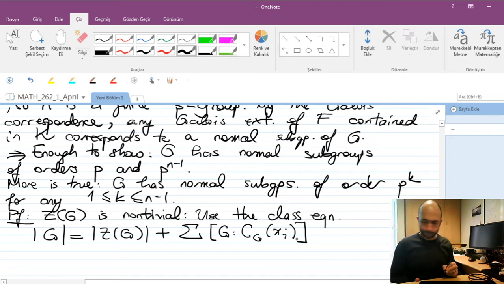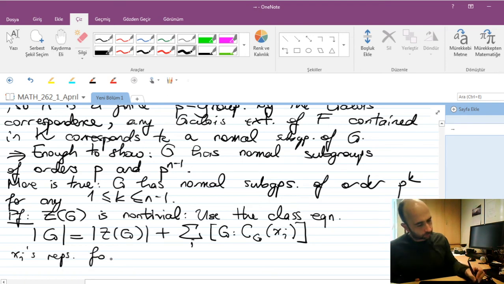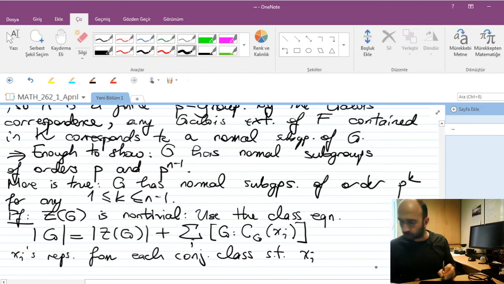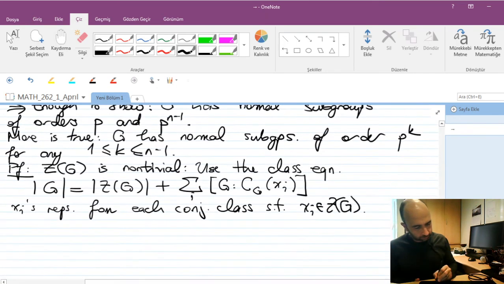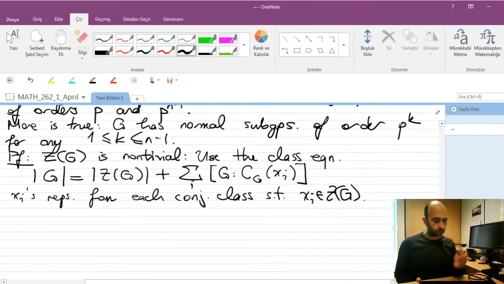Now here the x_i are representatives from each conjugacy class such that x_i is not in the center. So all the elements which have a non-trivial conjugate, you just write them in these groups.